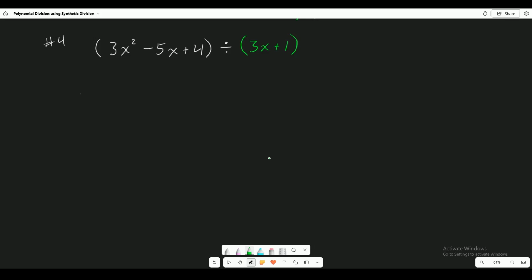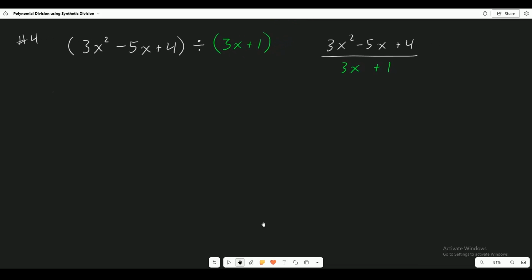It's not 1 here. All right? So this is what we're going to do. Let me rewrite this real quick as a fraction, and I'm going to show you guys what I'm going to do. So 3x squared minus 5x plus 4 divided by, right, 3x plus 1. What I'm going to do is I'm going to actually extract a 3 from the denominator.